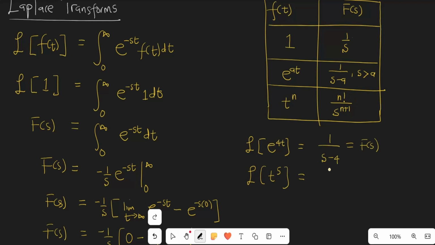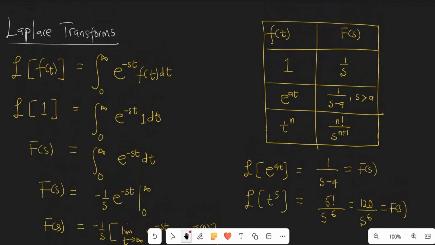So this one is going to be 5 factorial divided by s raised to the power 5 plus 1, which is 6. So this one is equal to 5 factorial, which is 120, divided by s raised to the power 6. And this is the same as capital F of s. So the Laplace transform of the function t raised to the power 5 is equal to 120 over s raised to the power 6. So these are the Laplace transforms.